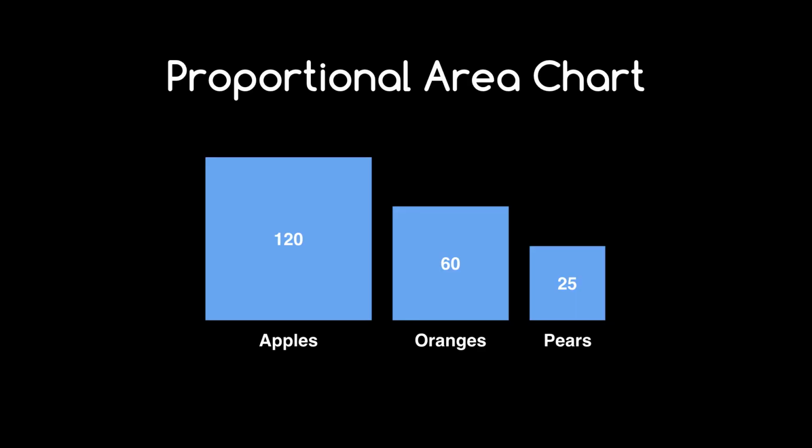So first up is a proportional area chart, and this chart uses the area of any shape for comparing the values and showing proportions, and it's great to give a quick overall view of the data without the use of scales. So in this example here I've used squares, but you could use this for circles, triangles, etc. And the thing here is just to use size to compare the differences in values.